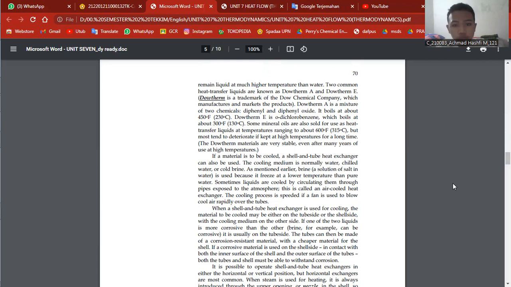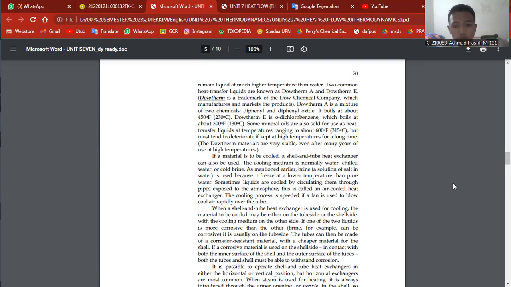Dowtherm E is o-dichlorobenzene, which boils at about 300 Fahrenheit degrees or 130 Celsius degrees.